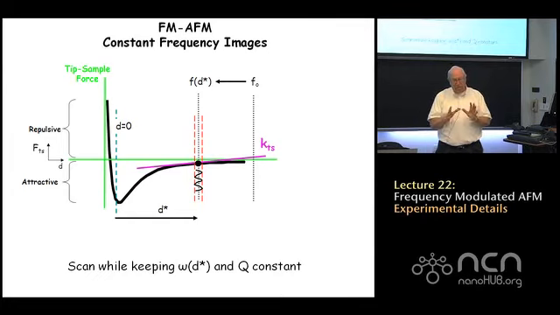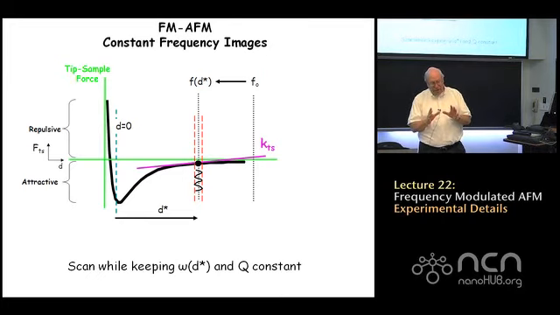Now, it was thought that the reason you could see atoms in frequency modulated AFM was a consequence of the fact that the resonant frequency of the tuning fork is very sharp. Right? You recall I commented that tuning forks in air have Q factors of 9,000. If you put them in a vacuum, the Q factor increases to 50 or 60,000.